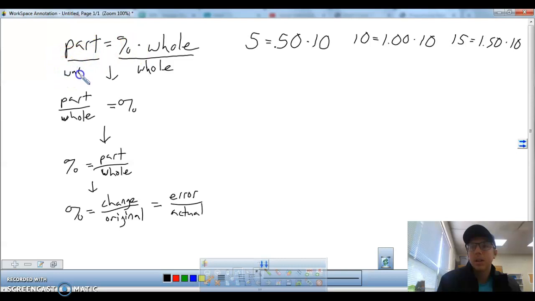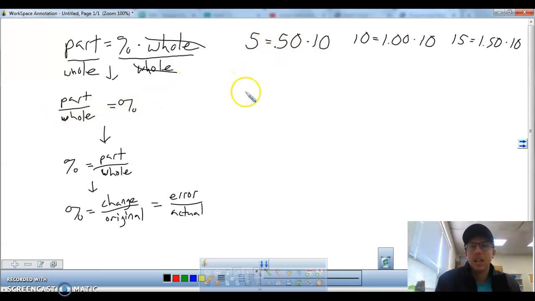Well, we got to divide by the whole again. Right? Well, the whole divided by the whole is just 1, right? Anything divided by itself is 1. So those really cancel. It's just percent times 1. So you're left with the percent is equal to the part divided by the whole. That's how we got to this next thing. And that makes sense, right? Some part of something over the whole thing of it is going to give you a percent.